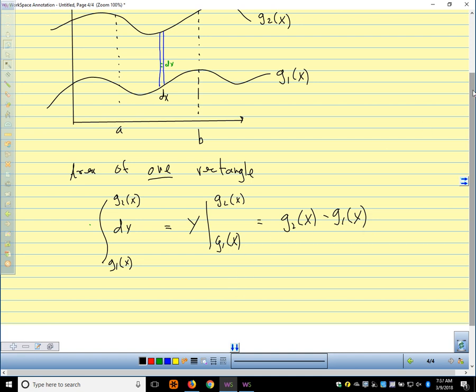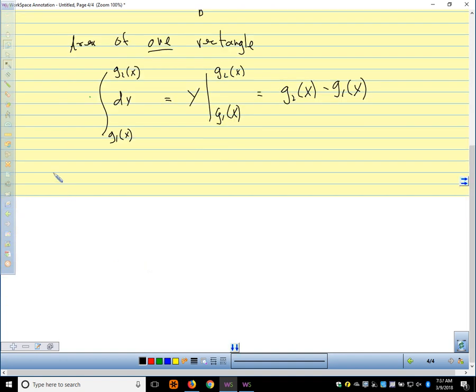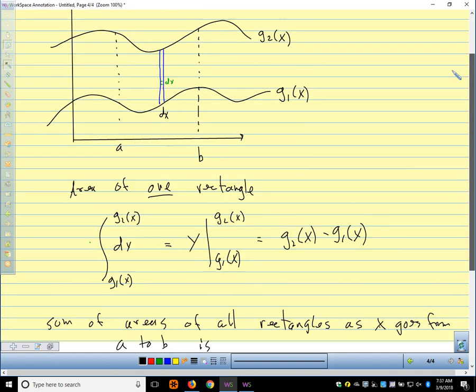If we sum the areas of those rectangles as we go from a to b, so the sum of the areas of all the rectangles as x goes from a to b is, well, we're going to integrate now with respect to x.